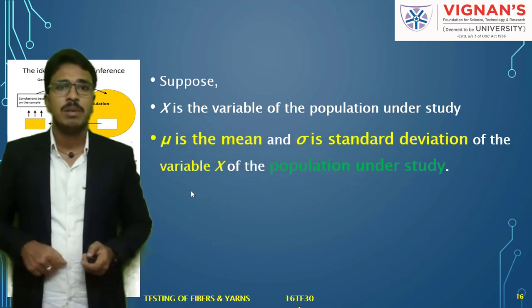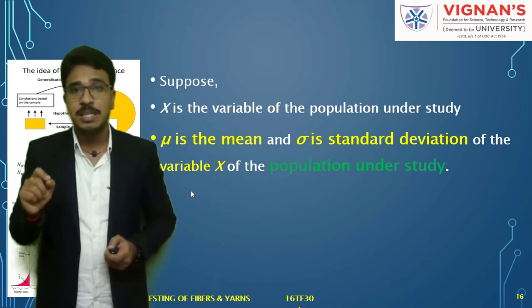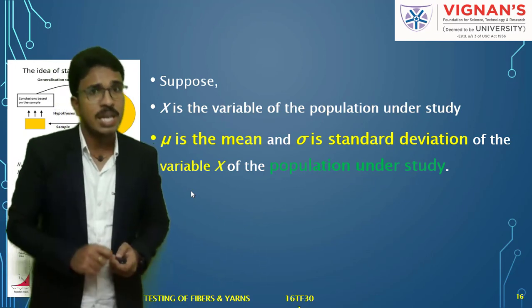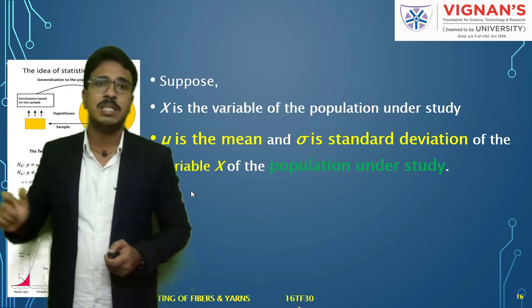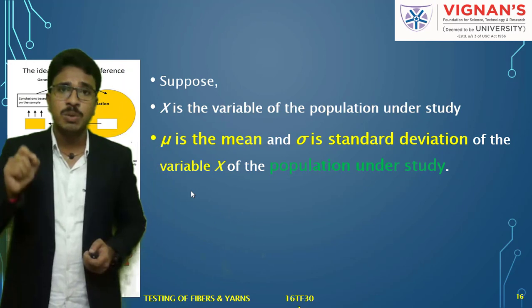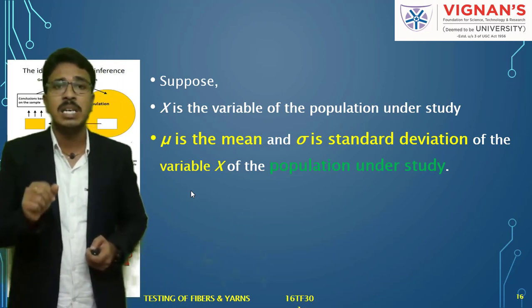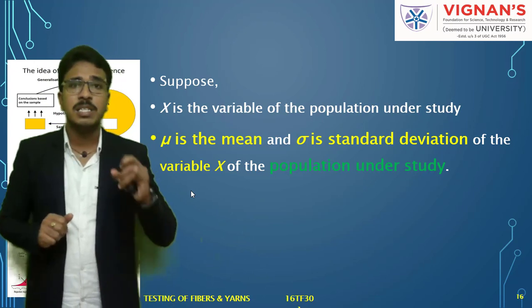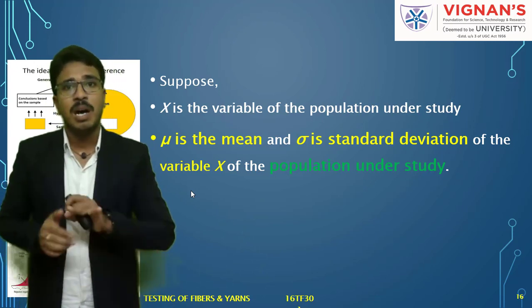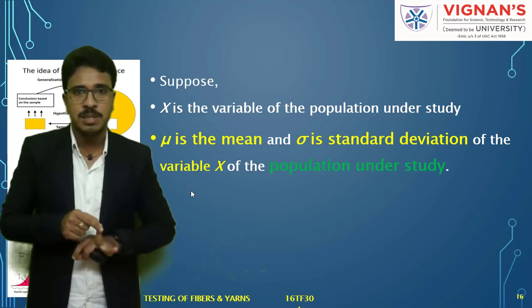Now mu is the mean and sigma is the standard deviation of the variable X of the population under study. So this is again a very important thing you need to keep in your mind: mu and sigma are the population mean and population standard deviation.